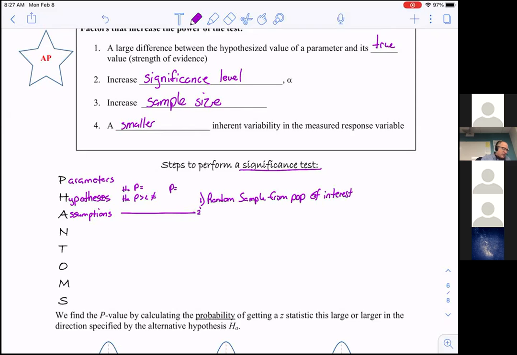Our second assumption is going to be approximately normal. Because we're still dealing with proportions, it's still going to be n times p is greater than or equal to 10, and n times 1 minus p is greater than or equal to 10. Our last one is always going to be independence, and the fact that my sample size has to be less than 10% of the population.